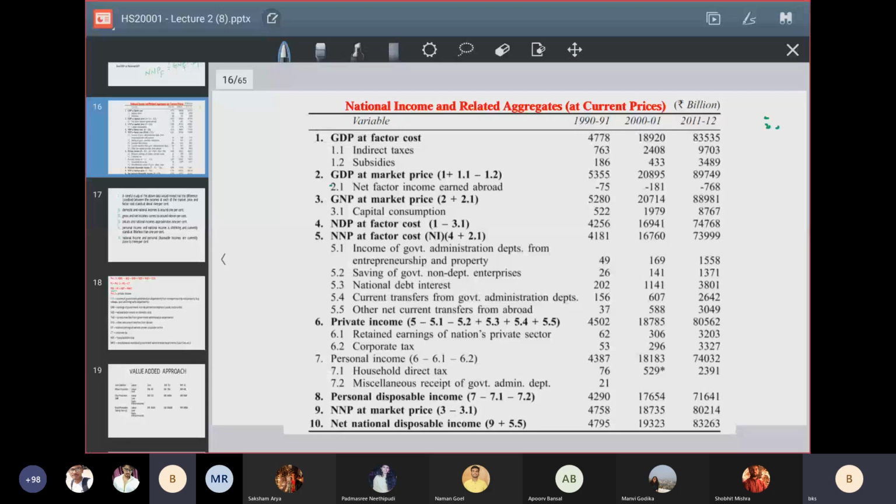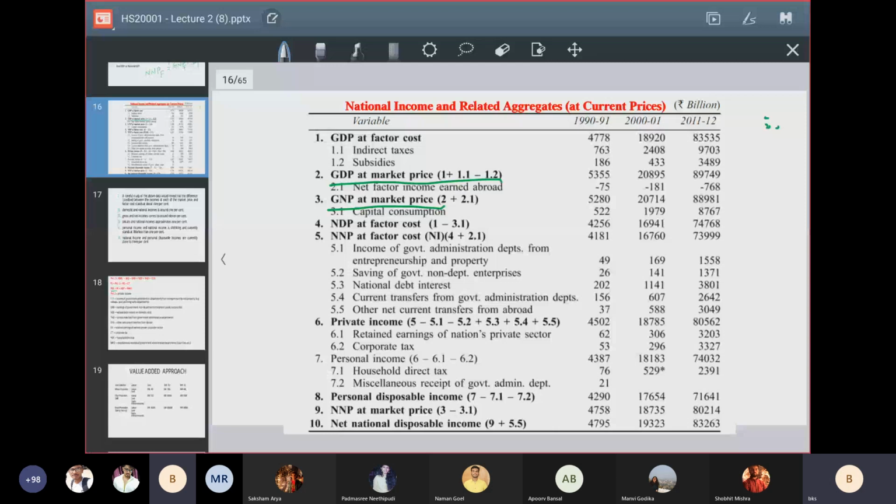Then from GDP at market prices, if we add the net factor income from abroad, we get GNP at market prices. So GNP at market prices is equal to GDP at market prices plus NFIA, that is, net factor income from abroad.